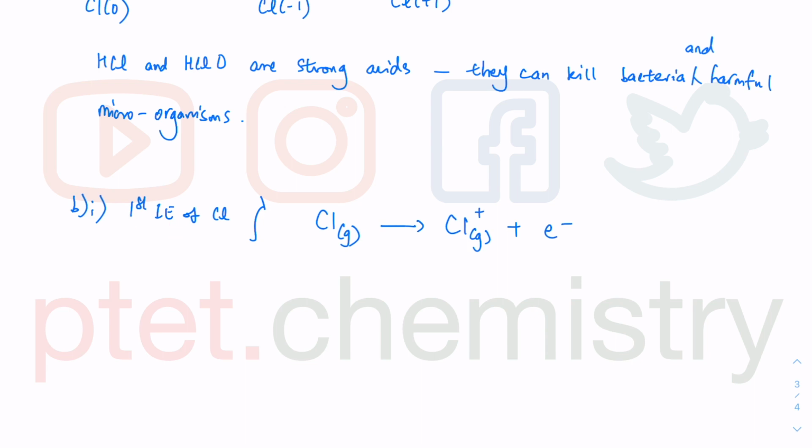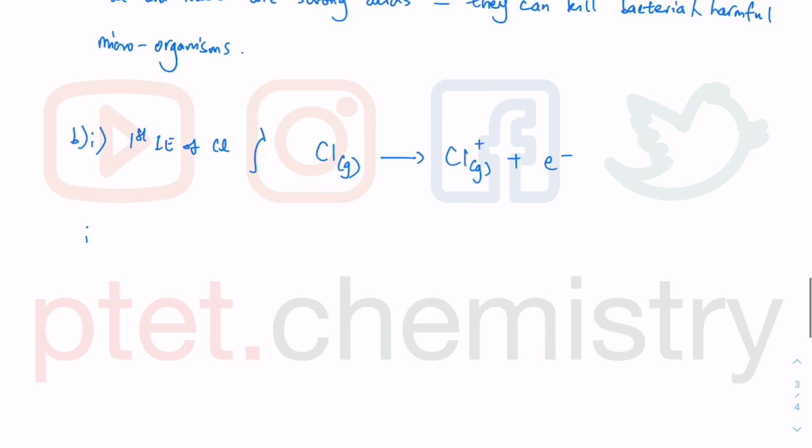First ionization energy is the energy required to remove 1 mole of electrons from 1 mole of gaseous atoms to give you 1 mole of gaseous ions with a single positive charge. And they want you to include state symbols. So ionization energy has no meaning without the state symbols, it has to be all in the gaseous phase.